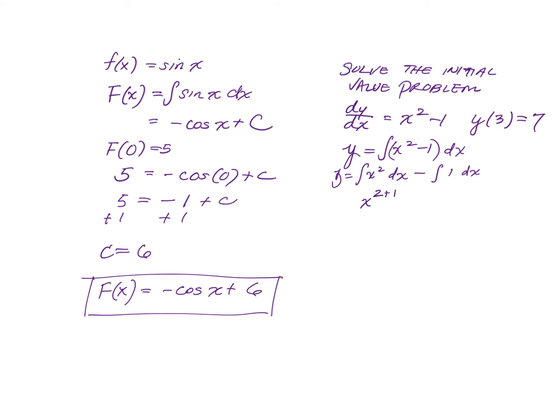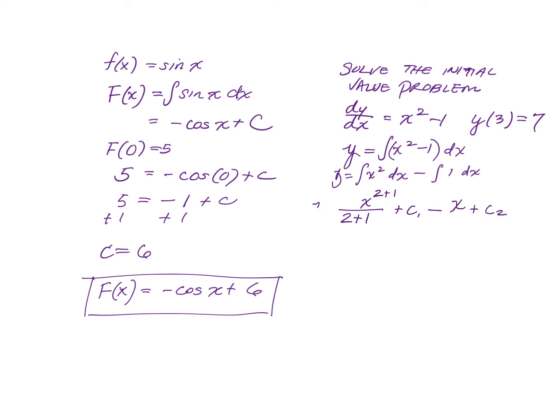We're going to add 1 to the exponent, and then we're going to divide by that same thing. And then if you want, you can put a plus c sub 1 to represent the antiderivative of the first section. And then we're going to take the antiderivative of the second section. So we have minus. The antiderivative of 1 is just going to be x. And then we can put a plus c2 if we want.